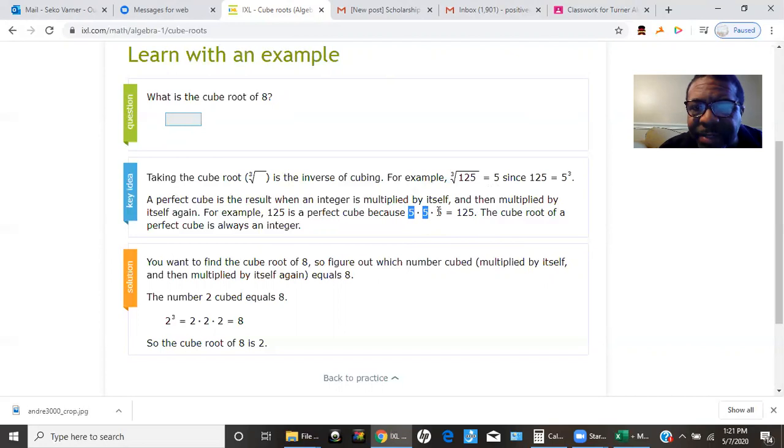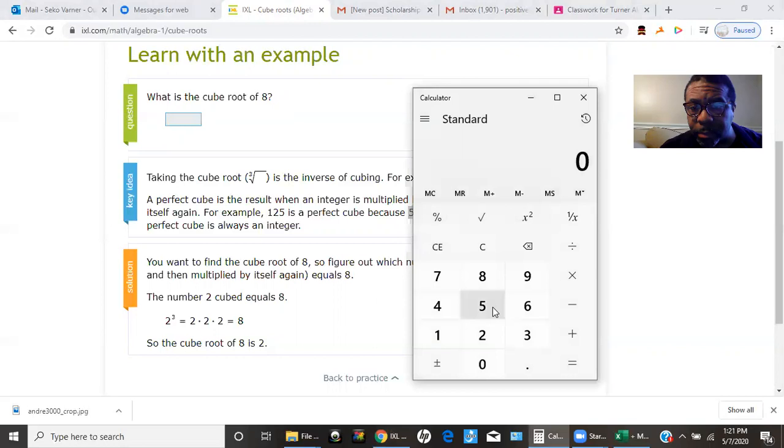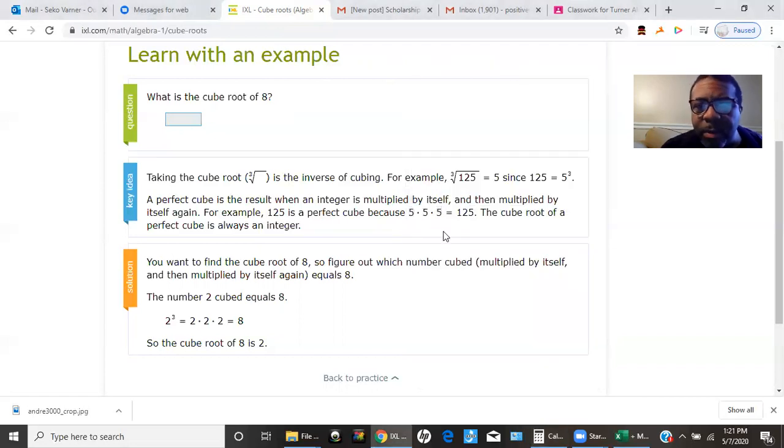Once again, 5 times 5 times 5, it's the same number 3 times. Now, it's not 5 times 3, that would be 15. What we're dealing with is 5 times 5 times 5, 125, okay? So that's what we're dealing with when we deal with cube root.